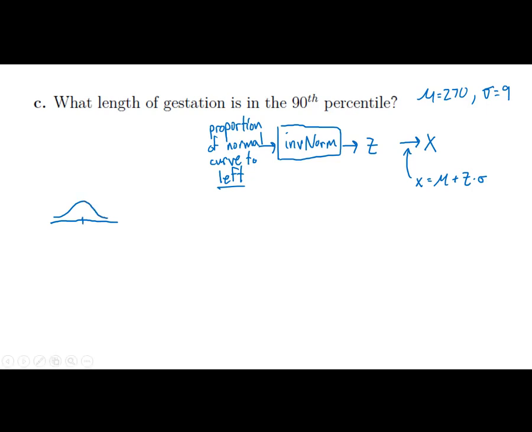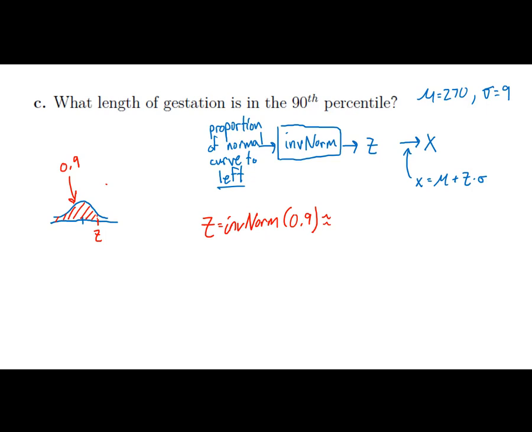So I'll make a little sketch of what the 90th percentile would look like, right about there, and fill this in. The 90th percentile means 90% of the population is below you, so that's 0.9 to the left. So I can figure out the z-score by asking inverse norm to give me the z-score when the proportion to the left is 0.9.